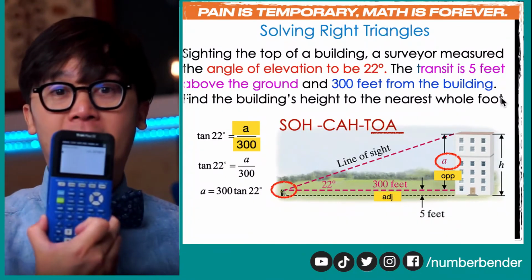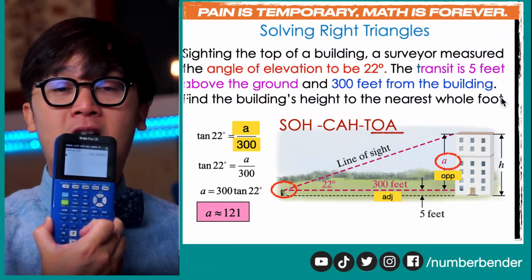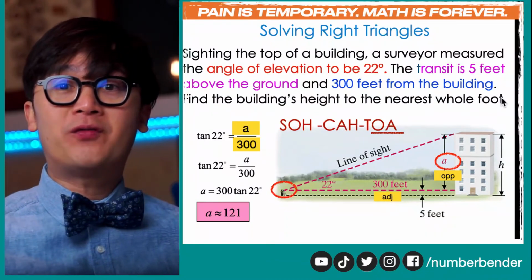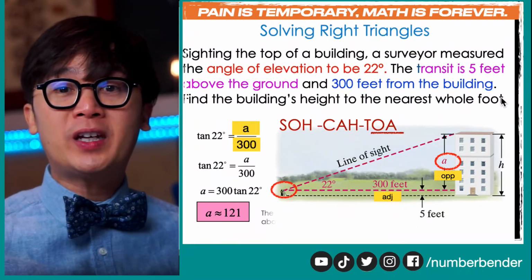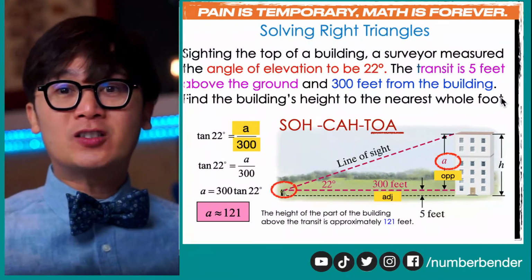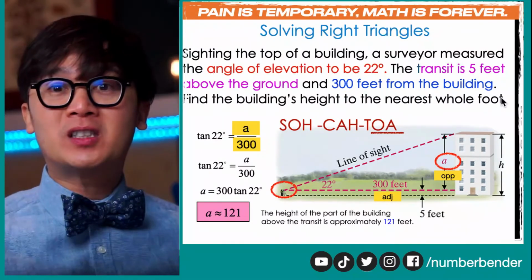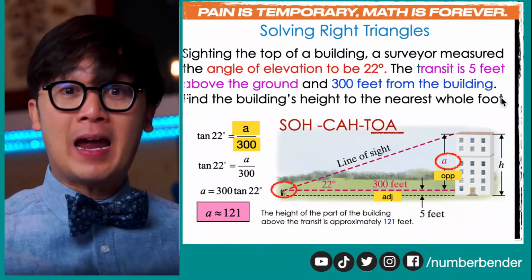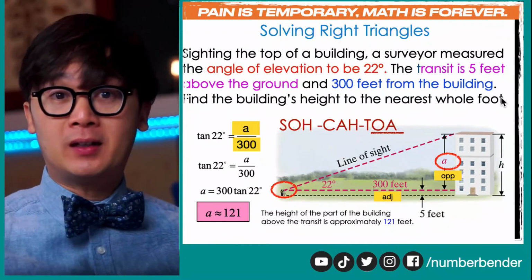Using our calculator, we found 121.21, rounded to the nearest foot, 121 feet, which we then add to 5 feet, the transit above the ground from that particular building.